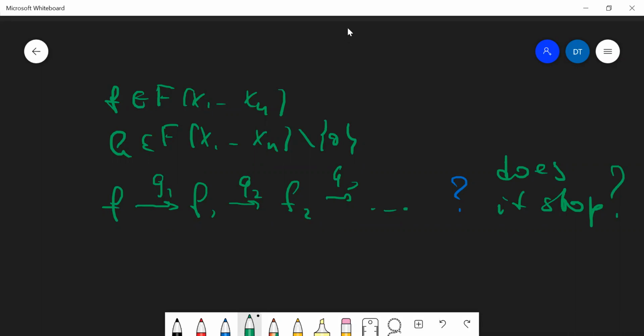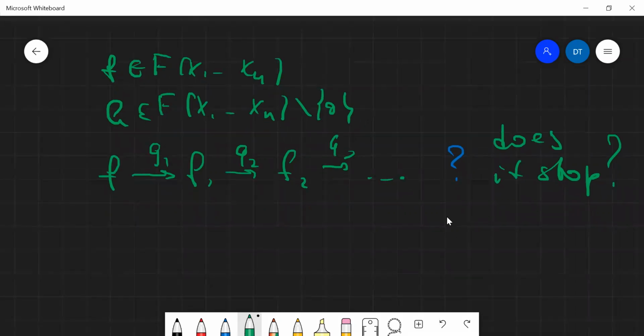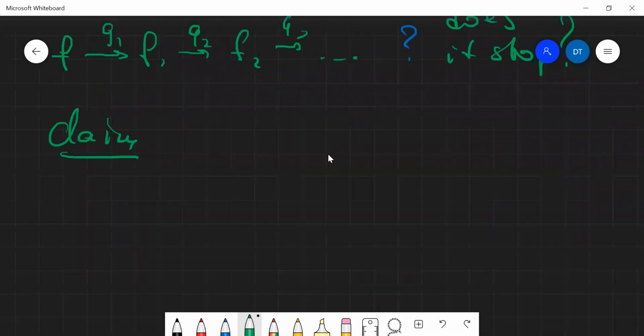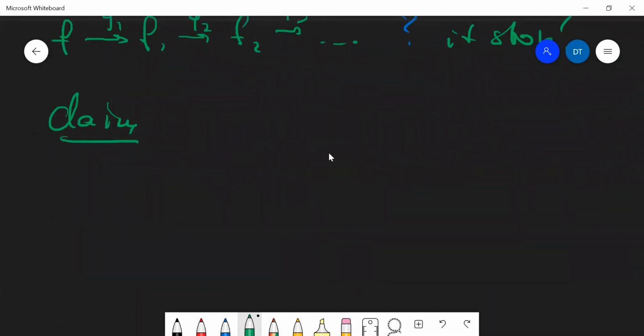We don't have enough time to prove it today, but we have about 10 minutes, and I want to prove some auxiliary result required to prove the main one. Claim: suppose you have polynomials f, f prime and g in F[x1,...,xn].